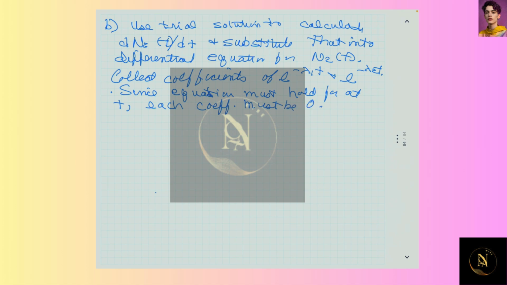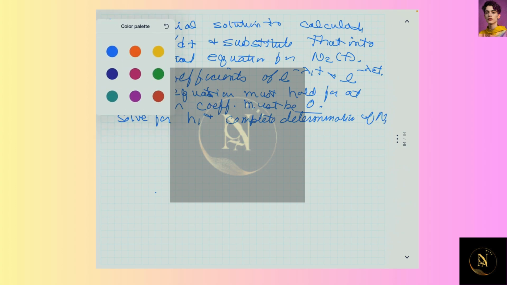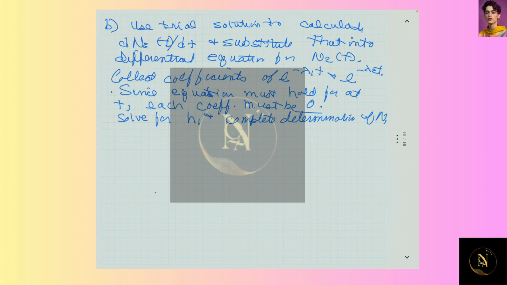Using all this, solve for h1 and complete the determination of N1. Okay, let's see if we can figure this one out. I'm a little nervous. See what we can do here.